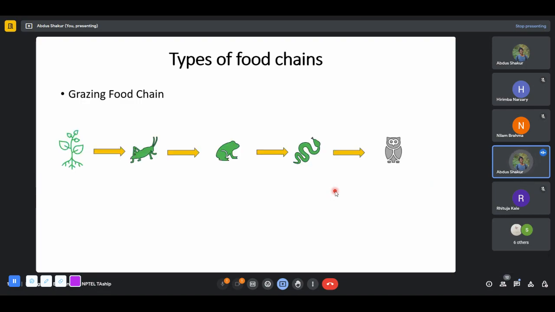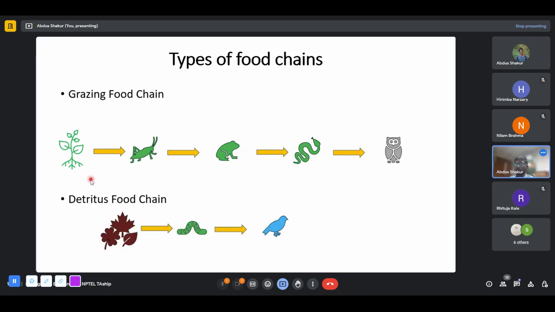There are multiple types of food chains. The grazing food chain is where most species start, with grazing. The detritus food chain is where the first consumer starts the chain from eating dead organisms, sorry, dead leaf matter, dead plant matter, dead fungus.